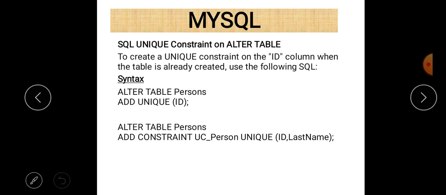Then the unique constraint. We just write alter table person add unique, and there is another method. You can also give the name of that constraint, just after the add constraint keywords.